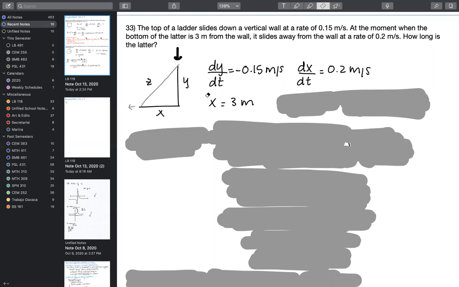Next, I write down that x is equal to 3 meters. So this is the instant at which we're asked to evaluate the problem. And finally, well, not finally, we want to find z. Finally, our adjoining equation, x squared plus y squared equals z squared, the Pythagorean theorem.